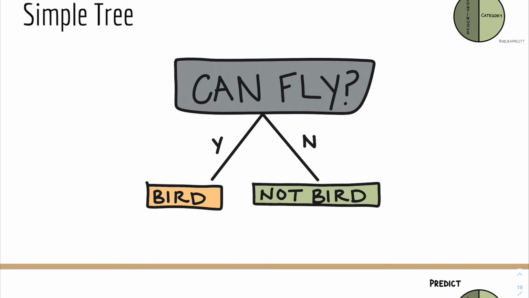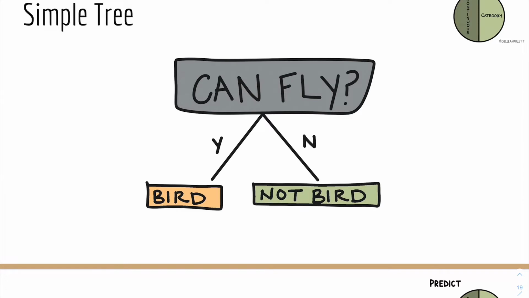So think of this question, I suppose. Say we have a data set and we have the output that we want to predict, whether or not something is a bird. And the data that we have is yes, no, can this thing or animal hopefully fly?